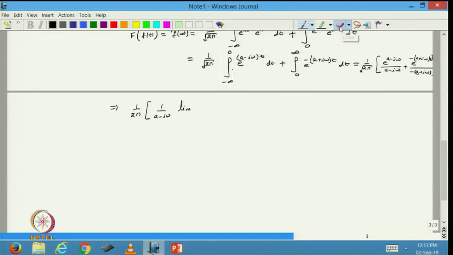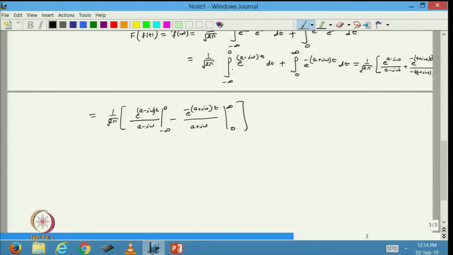So, in this case, from this expression I can write that this is equal to 1 over root 2 pi, e raised to a minus i omega t over a minus i omega from minus infinity to 0, that was the limit, minus e raised to minus a plus i omega t over a plus i omega, from 0 to infinity.